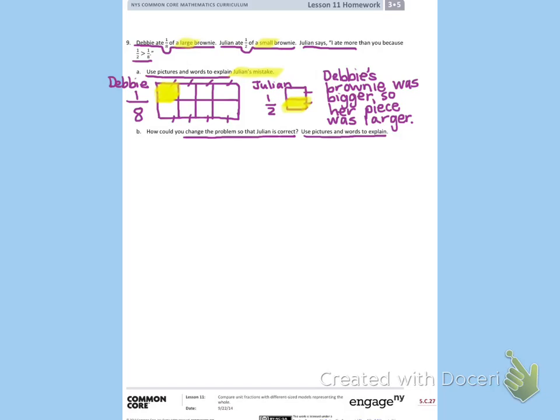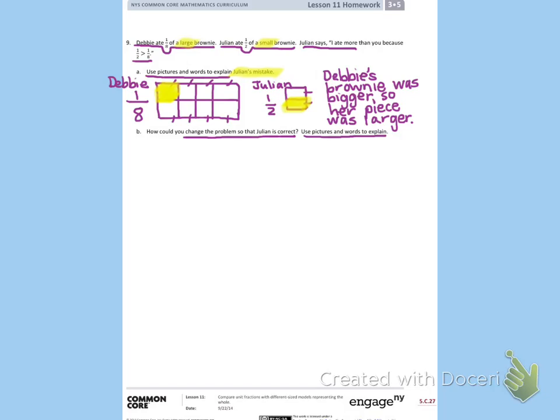So, in item B, you need to make Debbie's brownie the same size as Julian's brownie to begin with. Then divide Debbie's brownie into 8 pieces and Julian's brownie into 2 pieces. They should both either be small brownies or they should both be large brownies at the beginning so that the whole is the same size to start before the whole is divided into pieces.